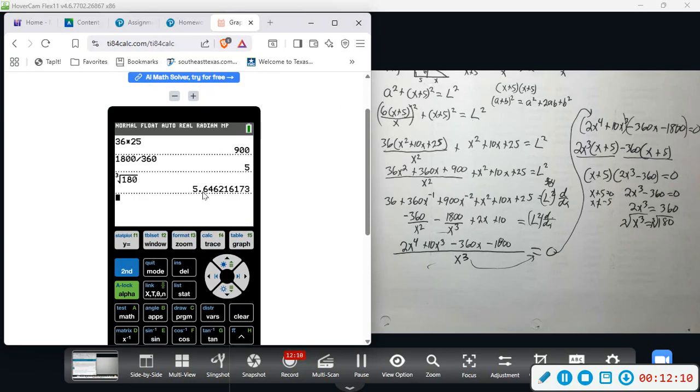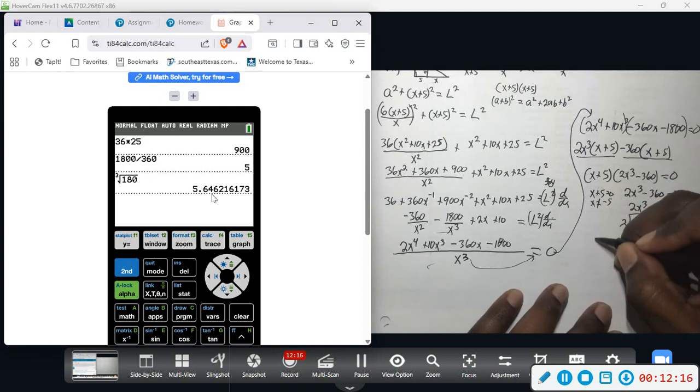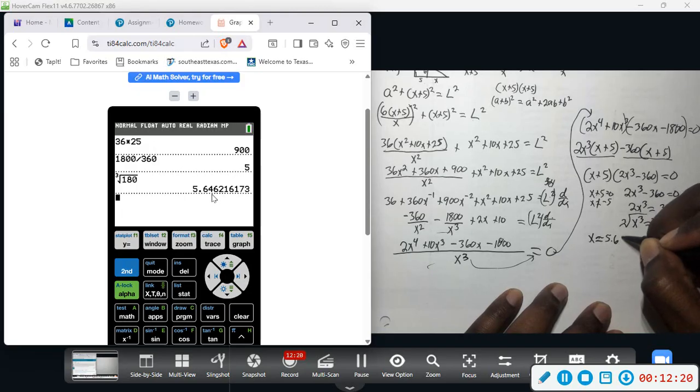And that gives us 5.646. I think I'm going to use 3 decimal places. So x is approximately 5.646.